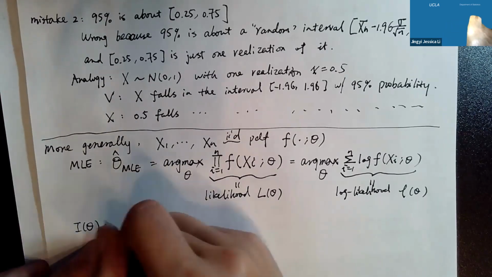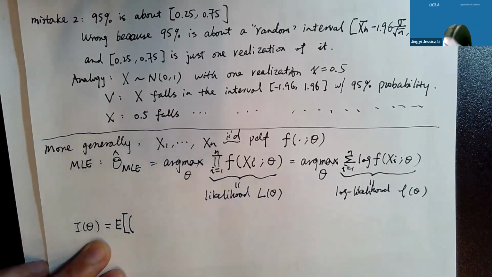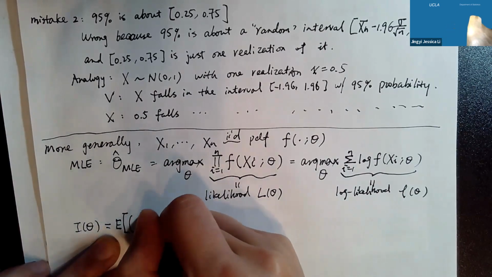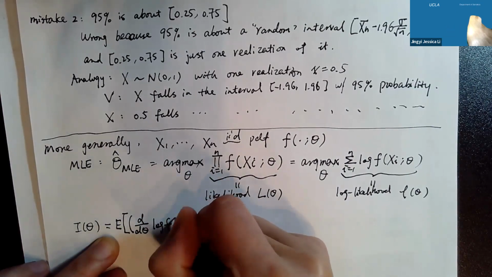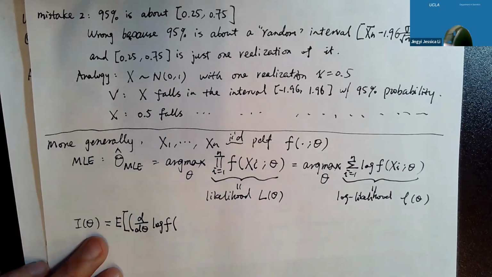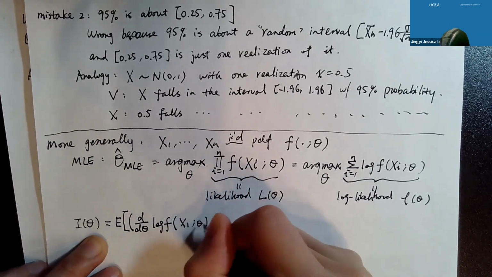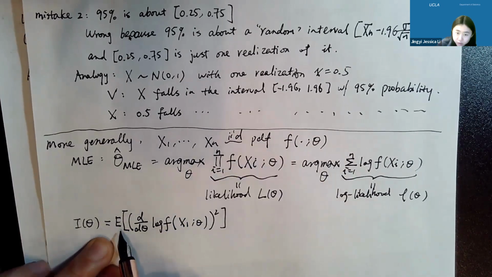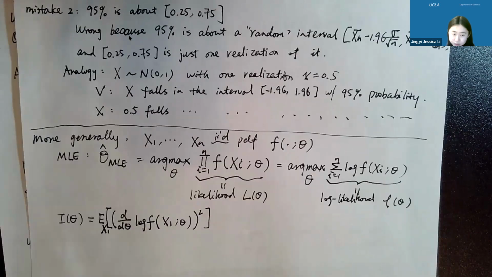It's either the expectation of the square of d/d theta log f(x1; theta), where the expectation is with respect to x1.